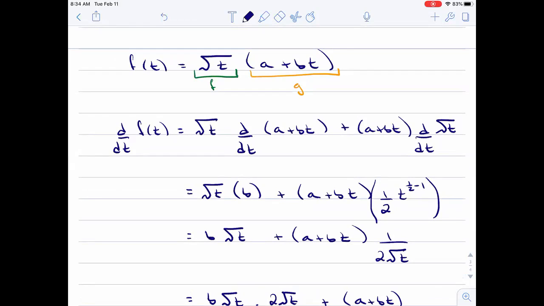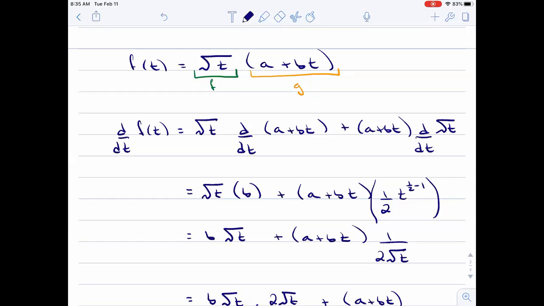So it's not a D divided by dt? It is sort of, but it's just an operator that we put on there to say, so here, if we just focus on this section here, right, d dt of a plus bt, well, this is saying take the derivative of this, right?